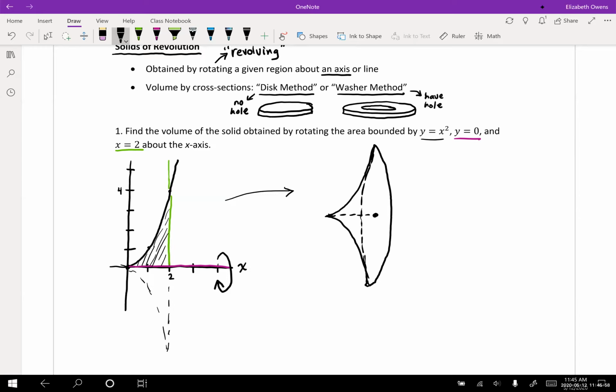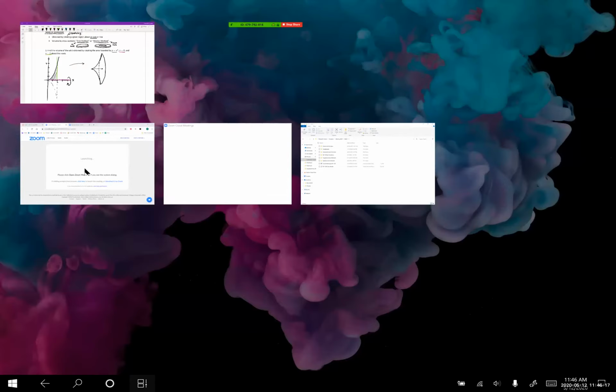So let me switch over to the internet really quick, and I'll show you a website that can actually draw these solids of revolution better than I can. Whoa, surprise. Bet you didn't think anything could get better than that. But here, let's switch over real quick.